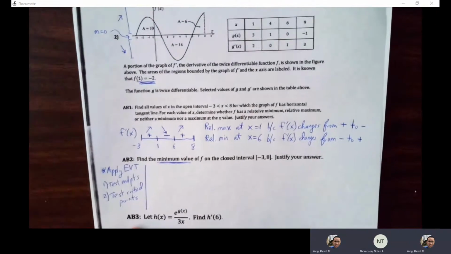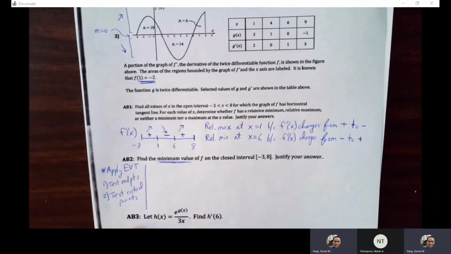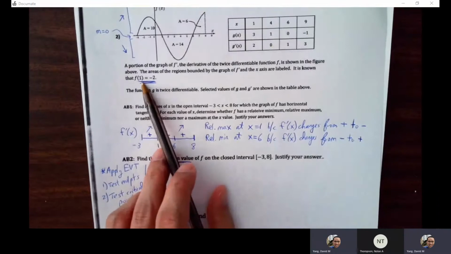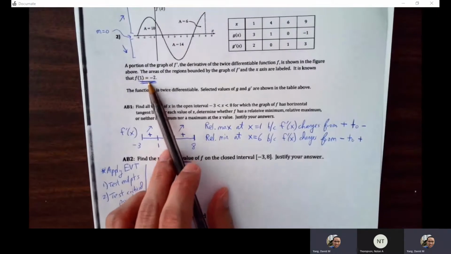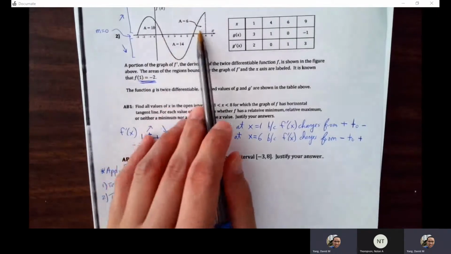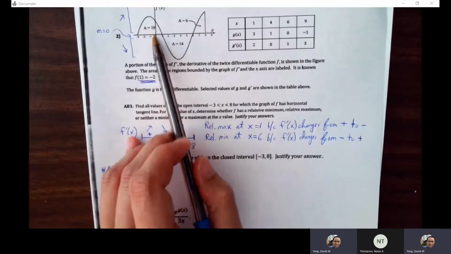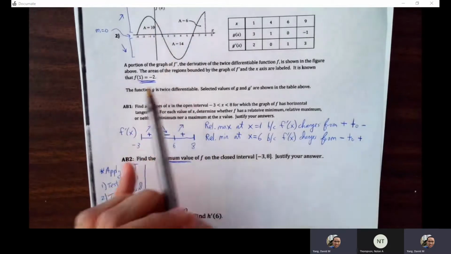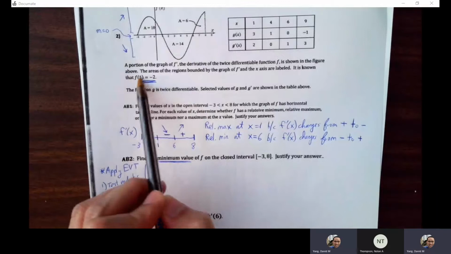There's a very specific way that we have to find our max and min value. We have to involve f of 1 equals -2. This is our starting point, and these are going to be the accumulations of how much is gained in each of those intervals, but this is kind of like the anchor.